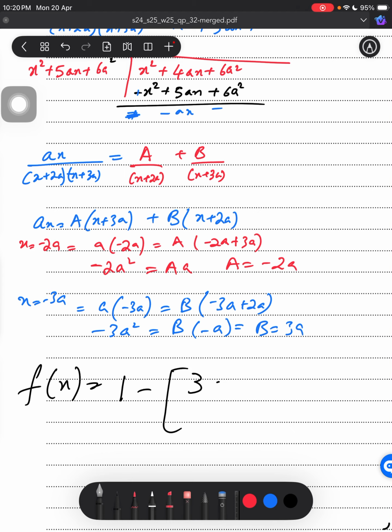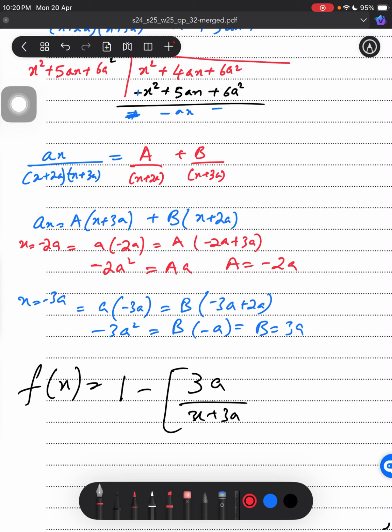We have, instead of A, negative 2a. So let's write B first. Let's start with that. B is 3 over x plus 3a.